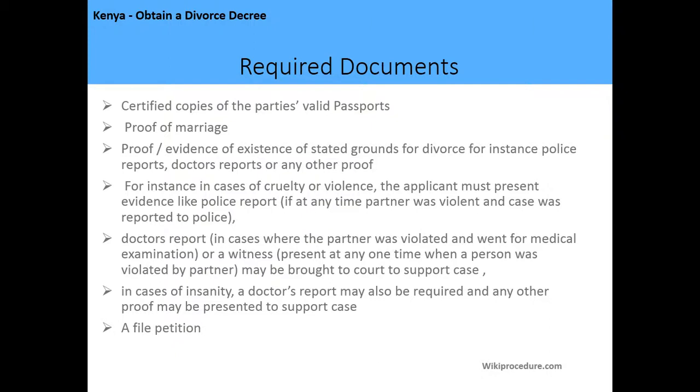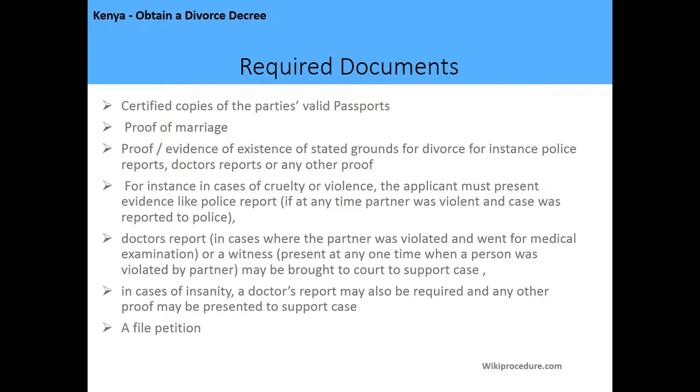For instance, in cases of cruelty or violence, the applicant must present evidence like a police report, if at any time the partner was violent and the case was reported to the police.